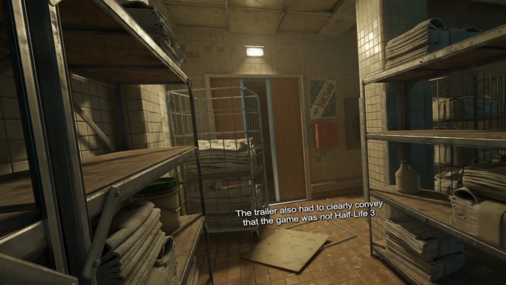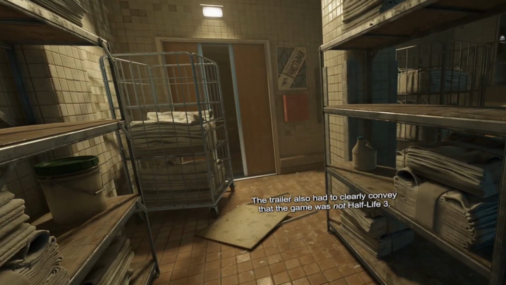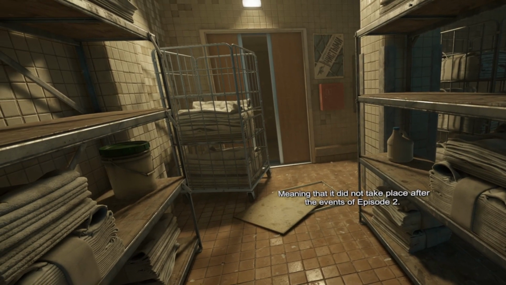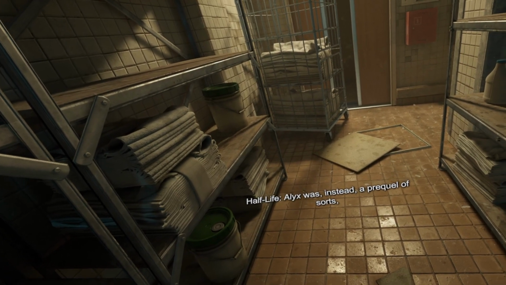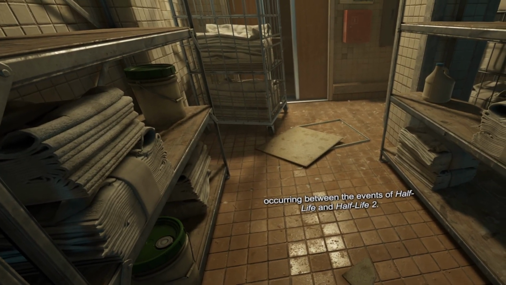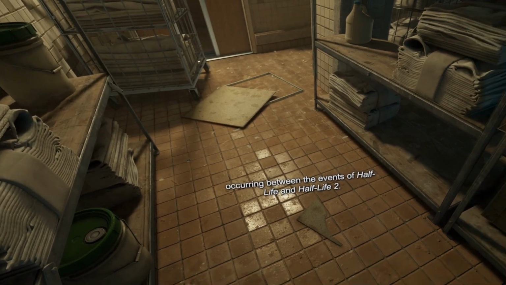The trailer also had to clearly convey that the game was not Half-Life 3, meaning that it did not take place after the events of Episode 2. Half-Life Alyx was instead a prequel of sorts, occurring between the events of Half-Life and Half-Life 2.